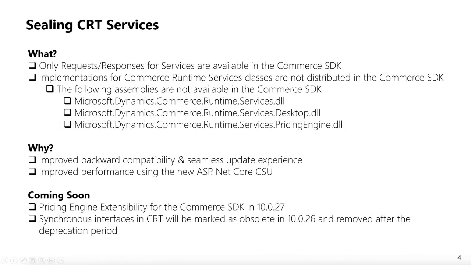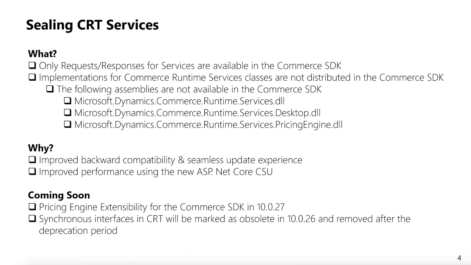Okay, starting with the sealing of CRT services. Some background on this is in the retail SDK, the CRT services assemblies were available in the references folder, and there were some extensions that took a direct dependency on these services classes.